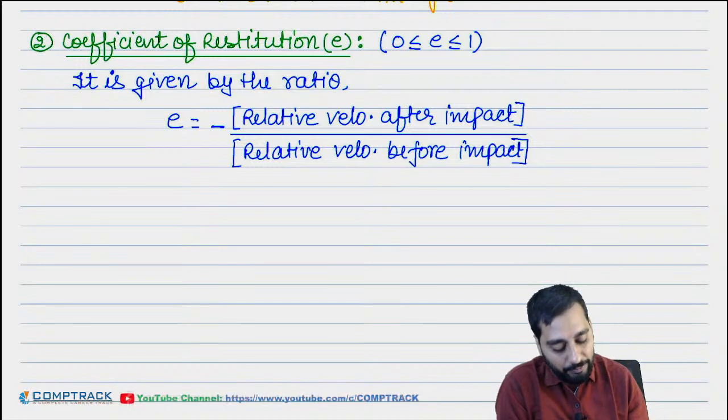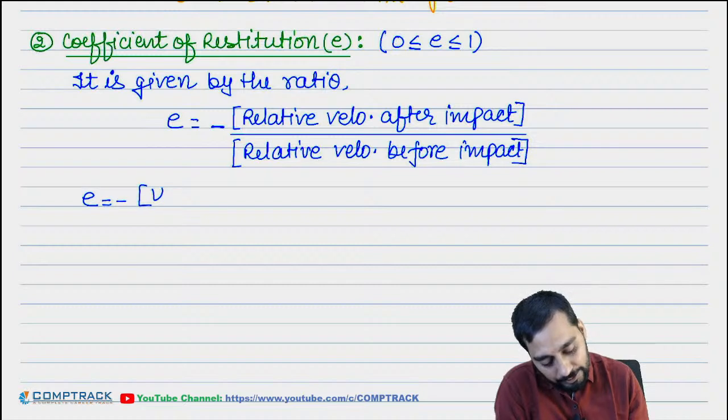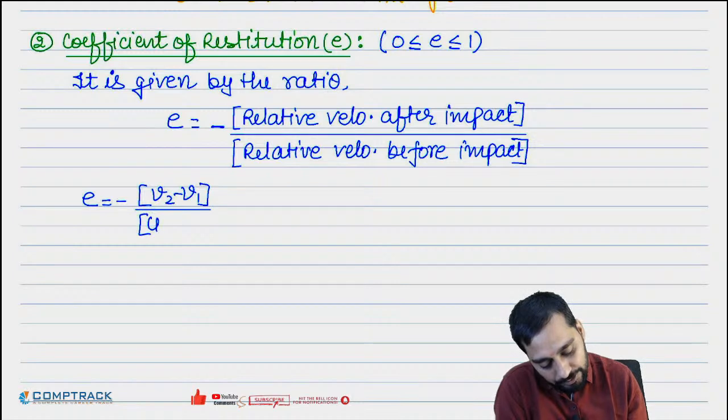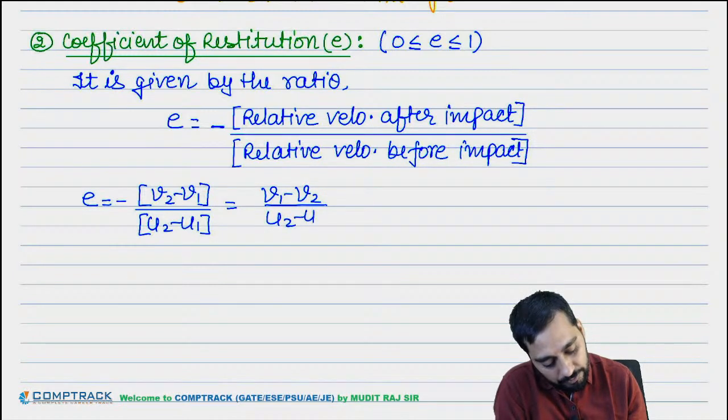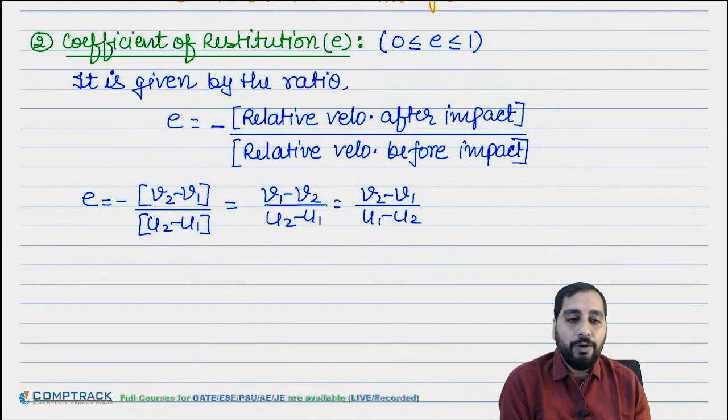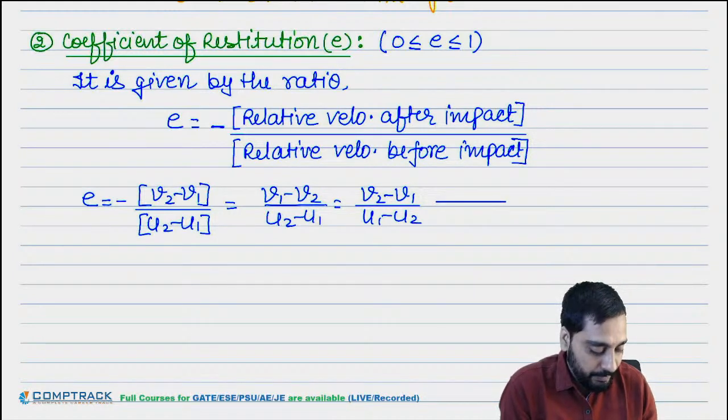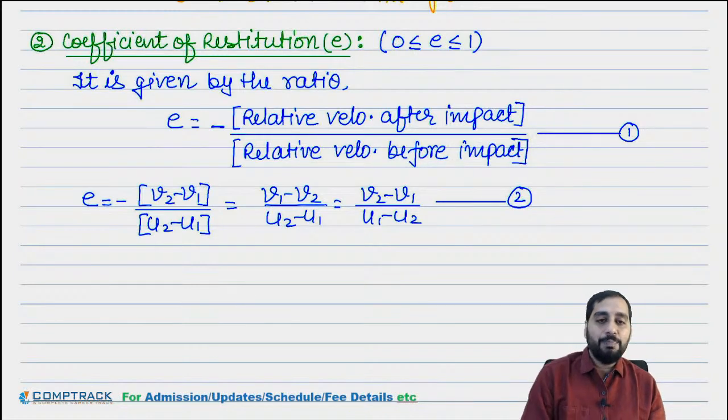So negative into negative will become positive. So it will be equal to relative velocity after strike, v2 minus v1, and relative velocity before strike, u2 minus u1. So you can write this as v1 minus v2 over u2 minus u1, or v2 minus v1 over u1 minus u2. Okay, ultimately you have to take the positive sign, because e cannot be negative, it is a positive value.